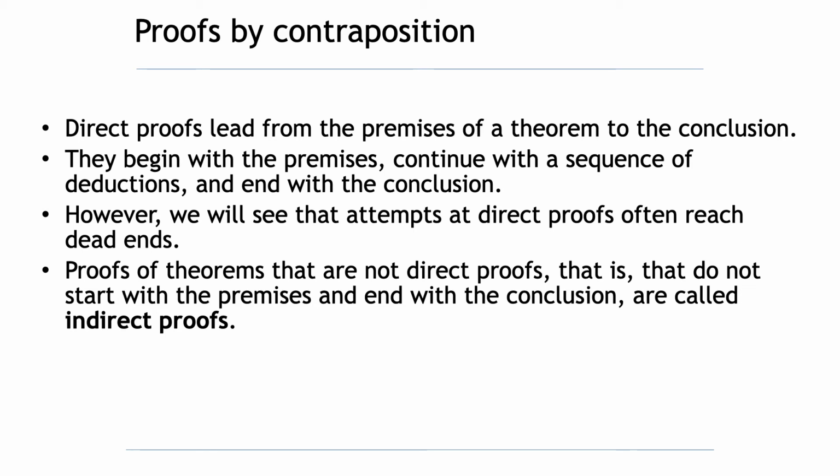We have to use another strategy. Proofs of theorems that do not start with the premises and end with the conclusion are called indirect proofs. We are going to see now examples of this type of proof.